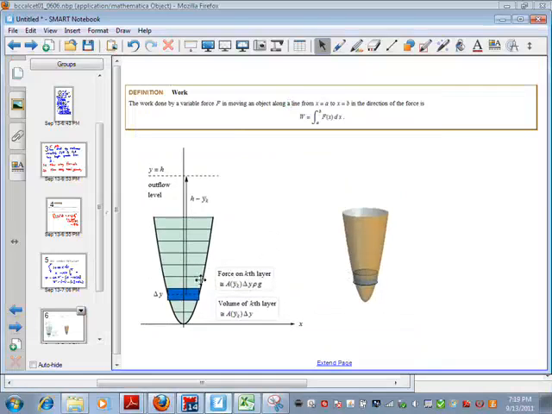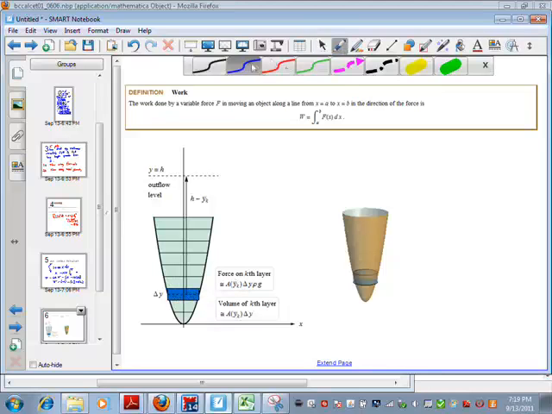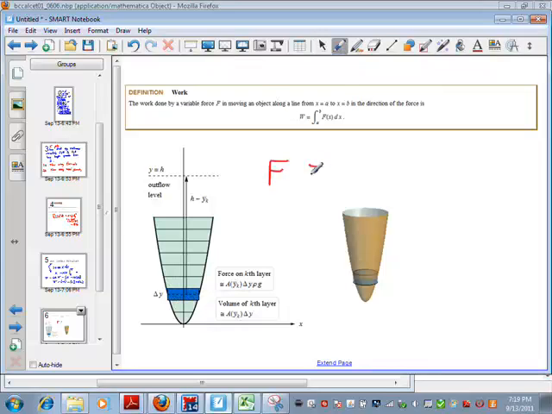Here, we need to figure out what the force is, and then we can figure out the work. We take this object and imagine what it would be, and in this case we need to find the area of it. The force is equal to the mass times gravity. The mass is the density times the volume. The density is constant.